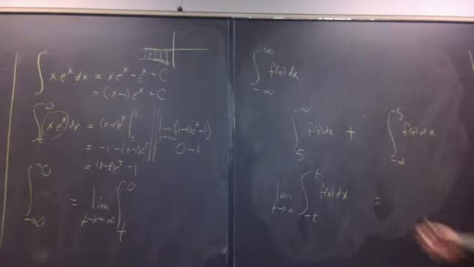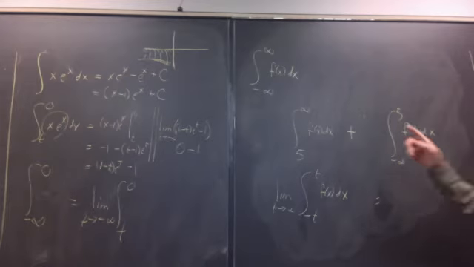Do you see that this might be a way to do it? Go the limit as t goes to infinity from minus t to t. Because t goes to infinity, so minus t goes to minus infinity, this would do it. Okay?